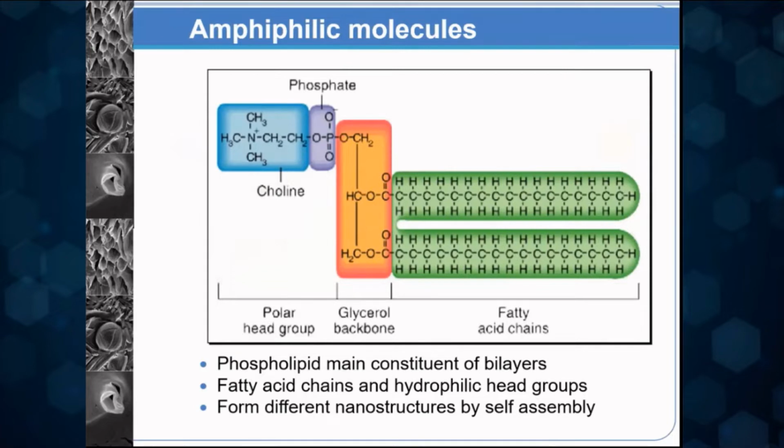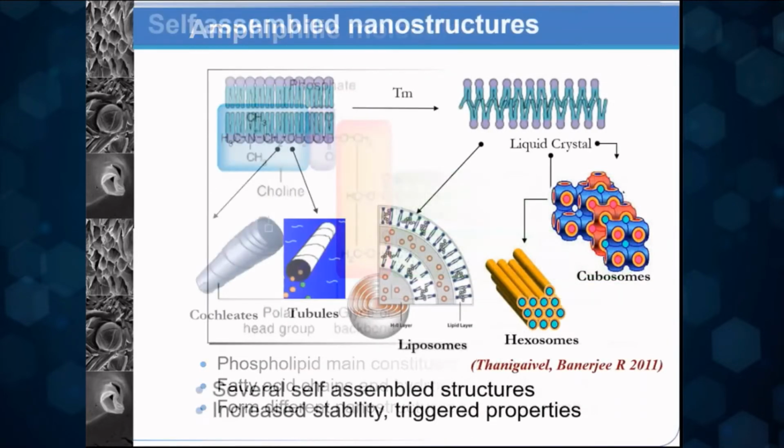When you have an amphiphilic molecule with both a hydrophilic and a hydrophobic end, a simple one shown here is a phospholipid, these can then self-assemble depending on the surrounding environment so that the water-loving components are more towards the aqueous environment and the hydrophobic ends are protected from aqueous environments.